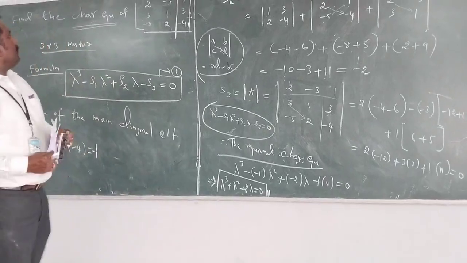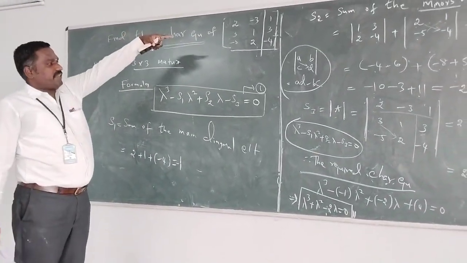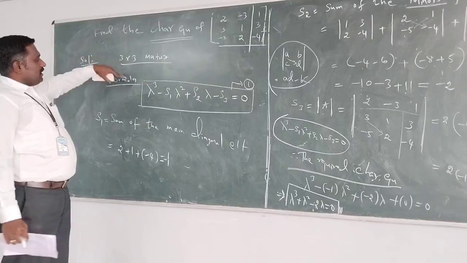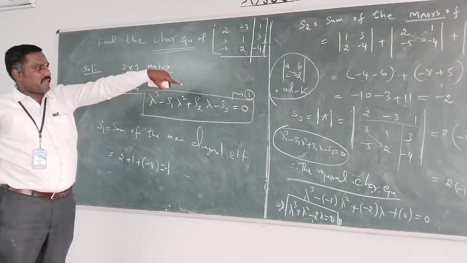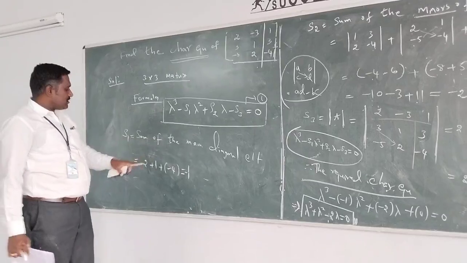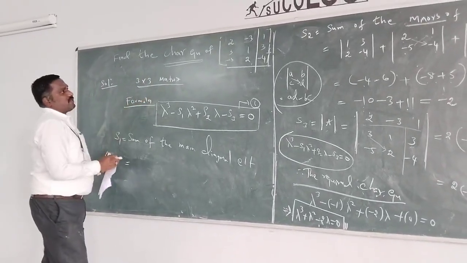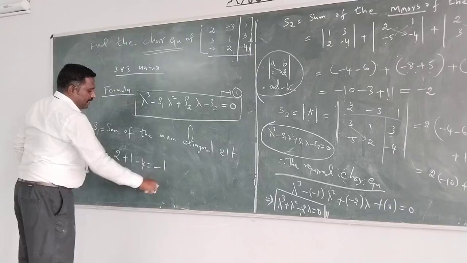Once again I repeat, to find the characteristic equation of the 3 by 3 matrix, the formula is lambda cube minus s1 lambda square plus s2 lambda minus s3 equal to 0. S1 is the sum of the main diagonal elements: 2 plus 1 minus 4 equals minus 1.